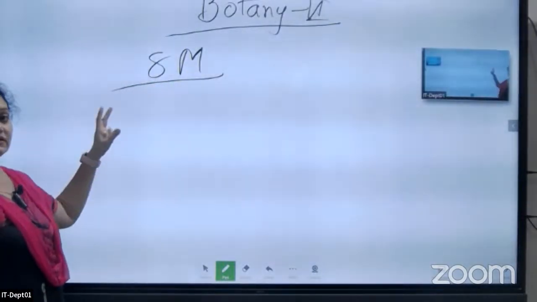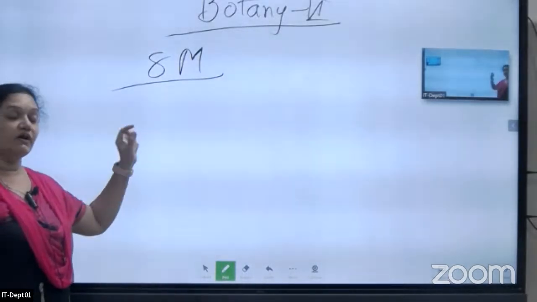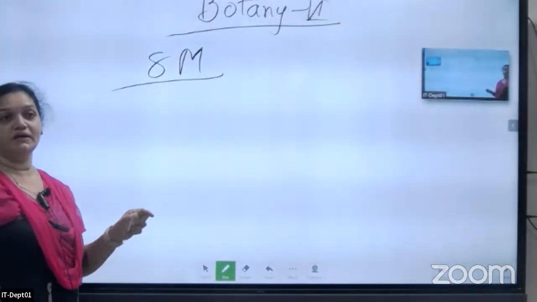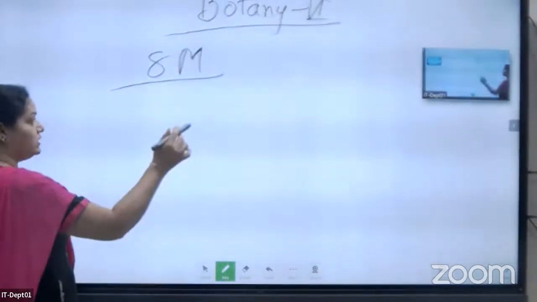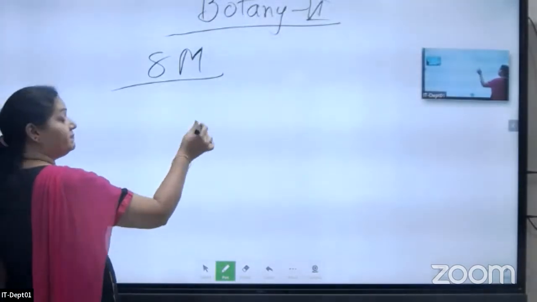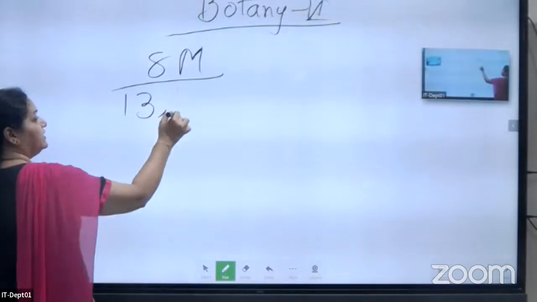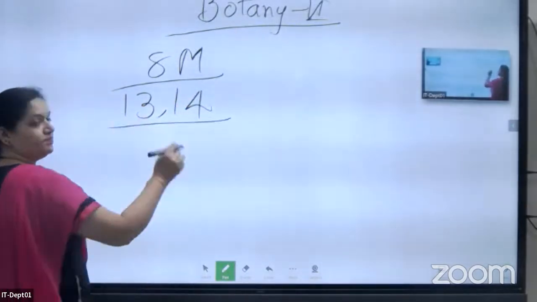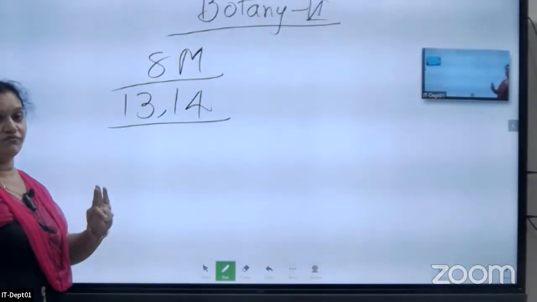So what are the chapters we have to prepare? Along with the Telugu Academy index, I am saying the chapter numbers and the chapter names. The first LAQ we can prepare very easily is from the 13th and the 14th chapters. In total, 3 LAQs are there for us.